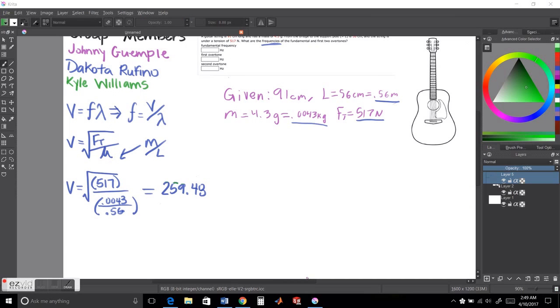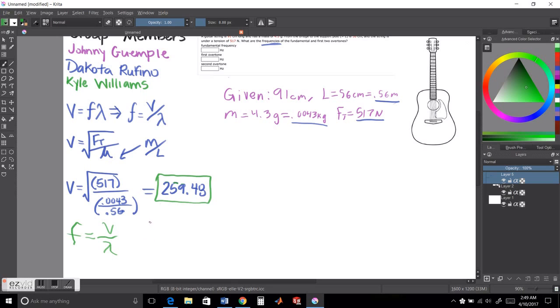Okay, so I'm Kyle Williams, and I'm going to be walking you through the conclusion of this problem. Earlier, as Dakota stated, our frequency is going to be equal to the velocity of our wave divided by the wavelength. We know our velocity, this number right here that Dakota found for us. But we don't know what lambda is.